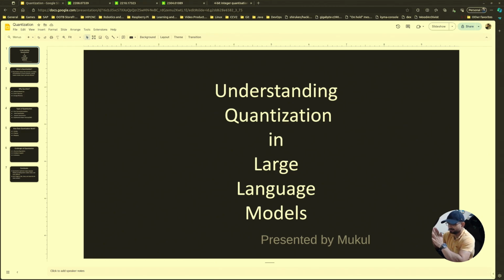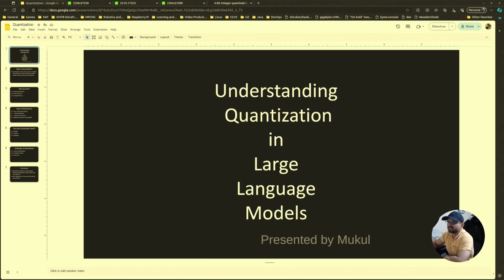So in technical aspects, we map the floating point values to a lower precision format, like an 8-bit integer, using a scale factor, right? So we do not get into a more complex number, but we reduce the precision to a simpler 8-bit integer number, right? From floating point to 8-bit integer is definitely reducing the complexity for us.